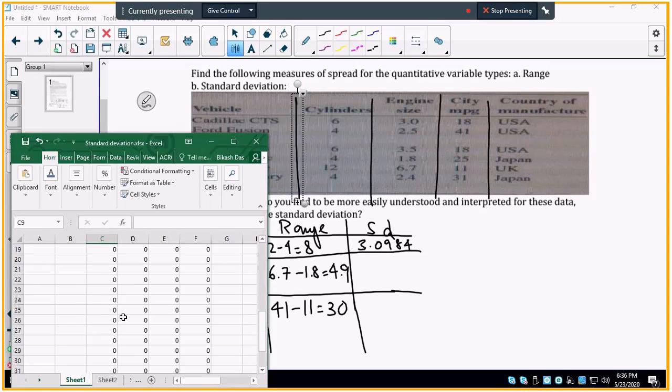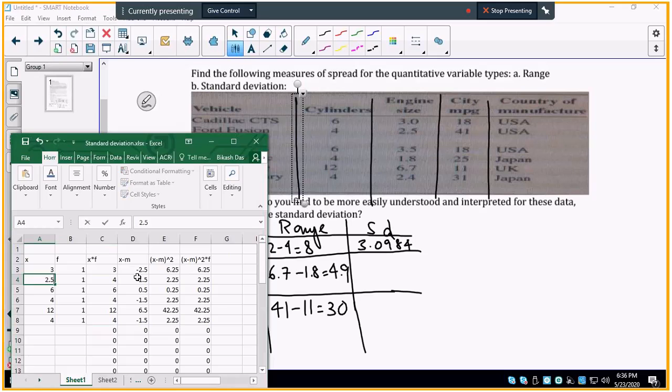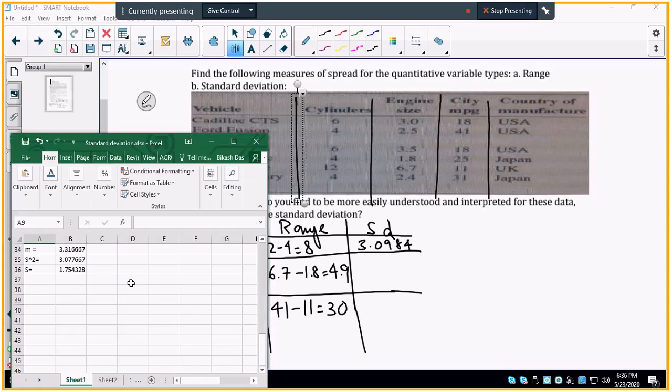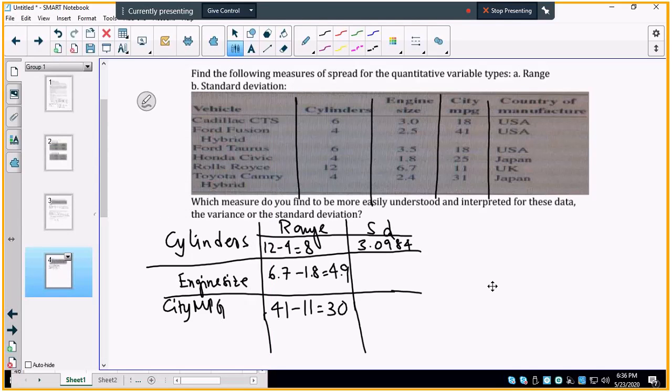Now we will do it for engine size. My data in this situation are 3, 2.5, 3.5, 1.8, 6.7, 2.4, and we found the standard deviation to be 1.7543.